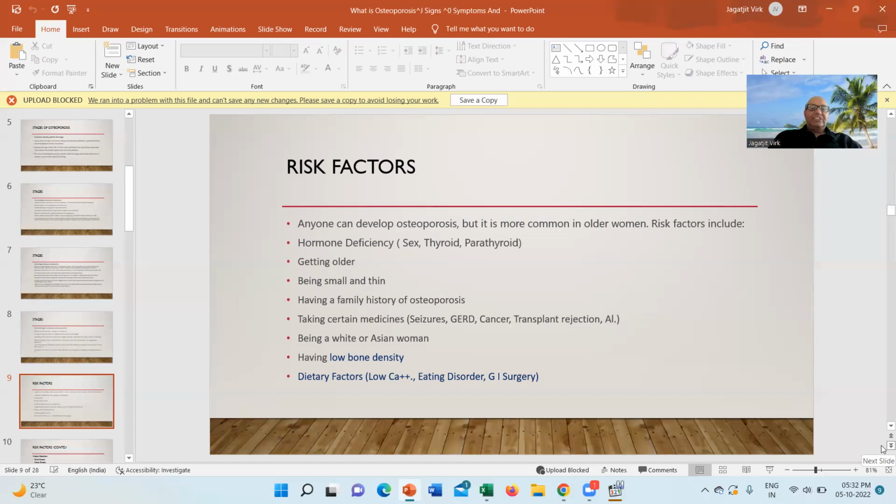Being a white or Asian woman is more vulnerable, as is having low bone density. Dietary factors include low calcium or eating disorders due to malnutrition, and GI surgery where a portion of the intestine is removed.